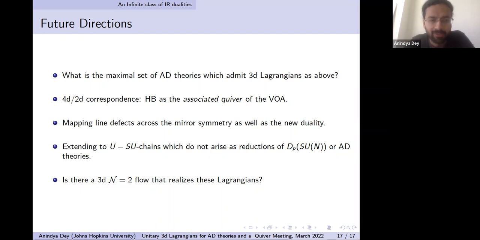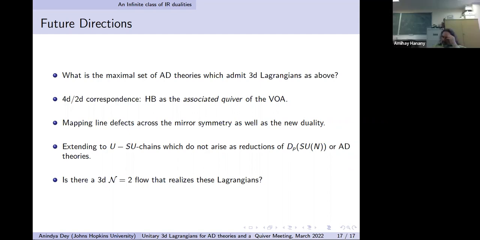So I already told you about the A, A family, the A, D family, the DPSUNs and the DPN-1 SUNs, but this probably extends beyond that, and it just needs to be worked out as to what is the maximal set of such families that admit 3D Lagrangians of this type.